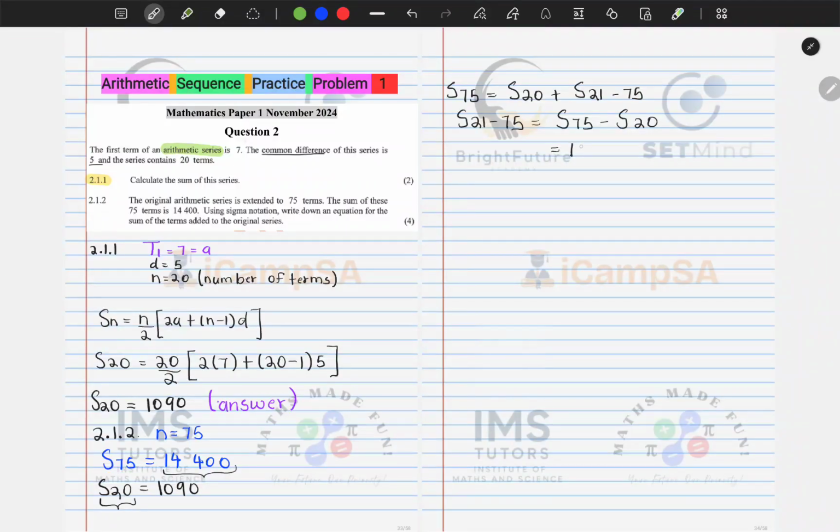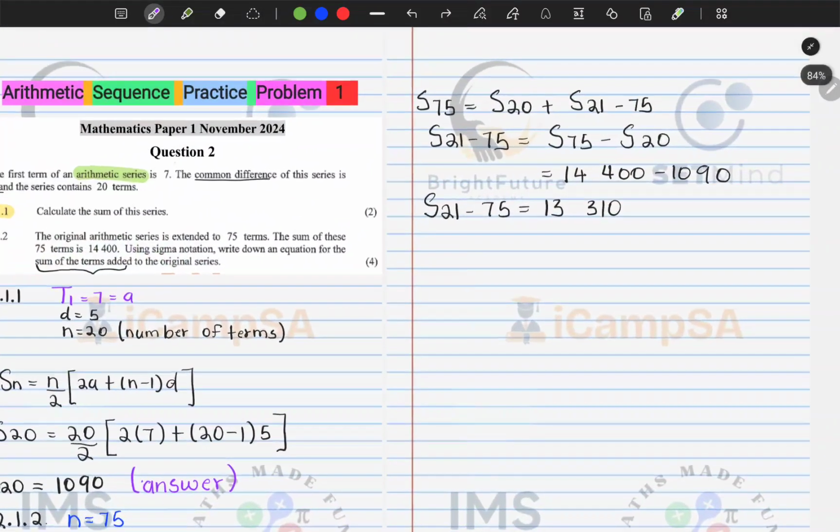If you observe carefully, this just becomes 14,400 minus our 1090. So the sum of terms from term 21 up until term 75 will be equal to 13,310. Why is this important? They said we should write down an equation for the sum of the terms added to the original series.